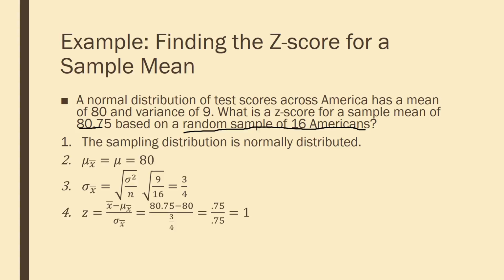Then we subtract the mean of the means, which we figured out was 80, and divide it by our standard error of 3/4. 3 divided by 4 is 0.75, so we're going to get a z-score of 1. That means this sample mean is 1 standard error above the population mean.